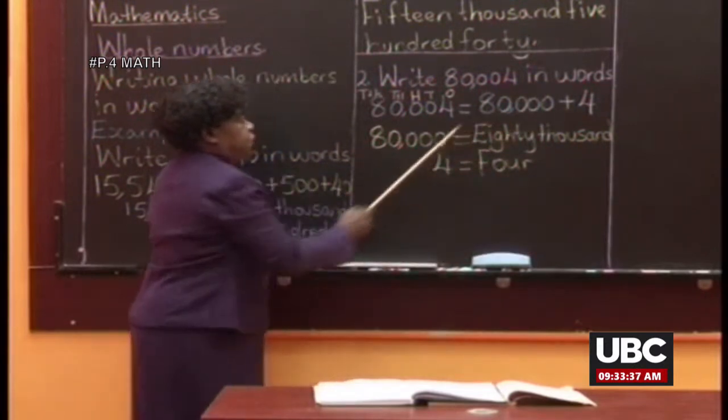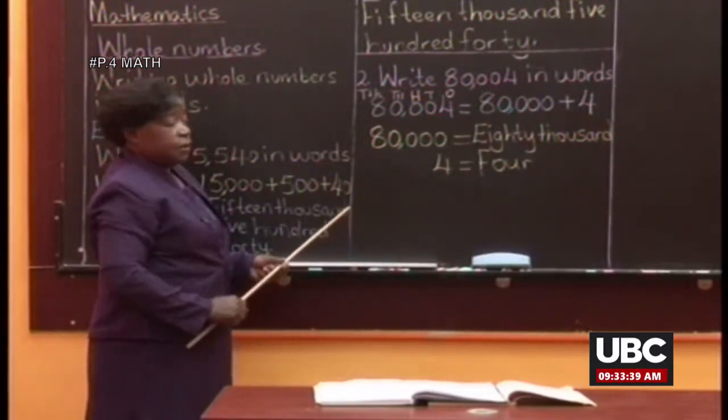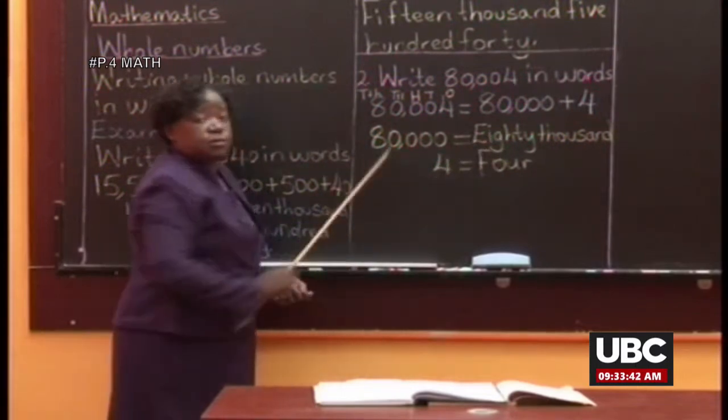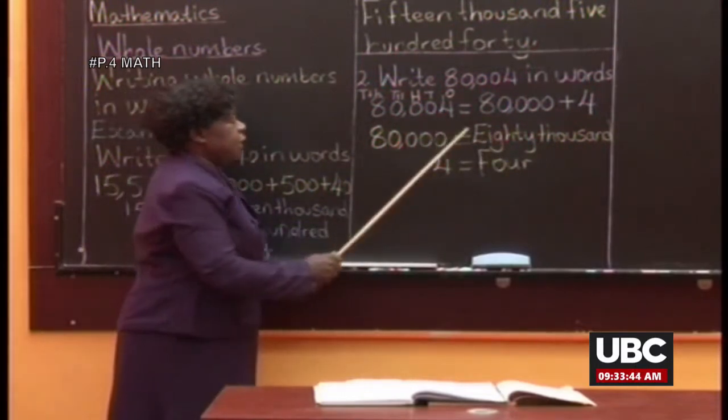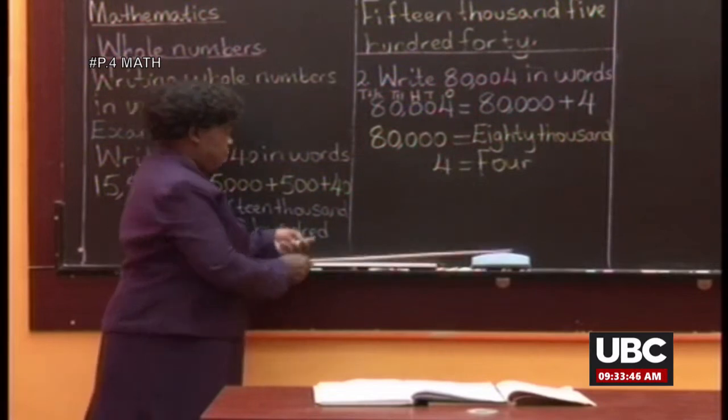This is 4, and 4 is under the ones. So we are going to write our words as one sentence to write 80,004.